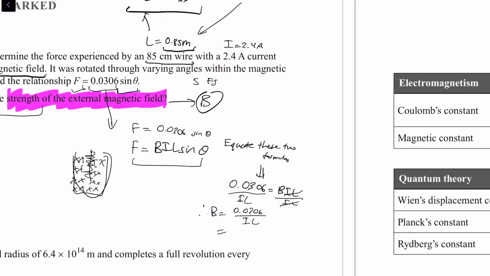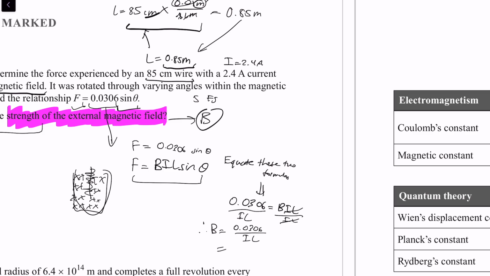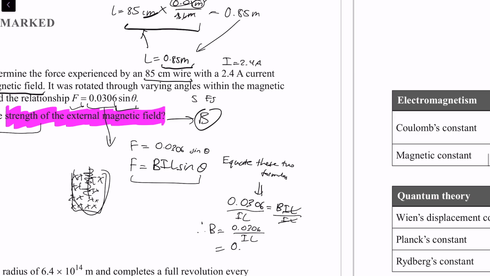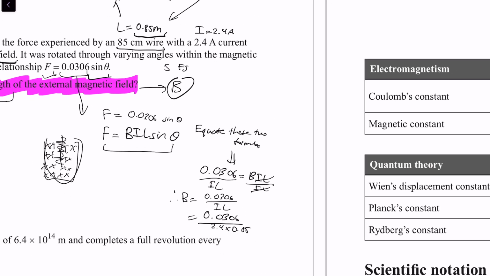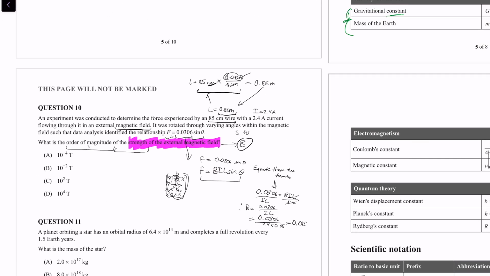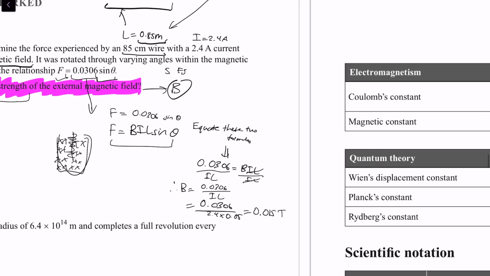Then my fourth step of my 5Fs: substitute them in, bring them into my formula. I'm not really working with any angles, so I don't need to worry about degrees or radians. It'll give me the same answer. I have 0.015 T, capital T, which is Teslas, okay?